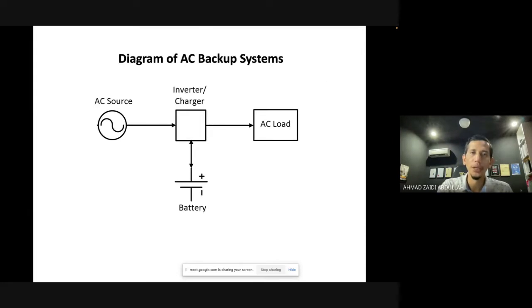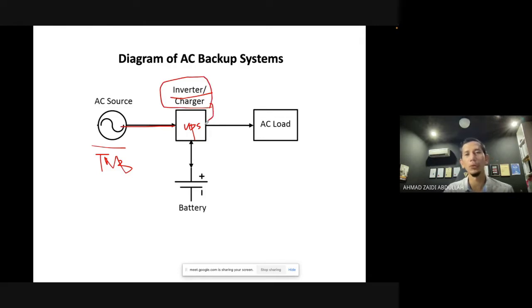And this is the diagram of our connection of the backup system. So normally we have supply from TMB. We just go to the UPS. So this is the UPS. And in the UPS we have an inverter and charger built in.